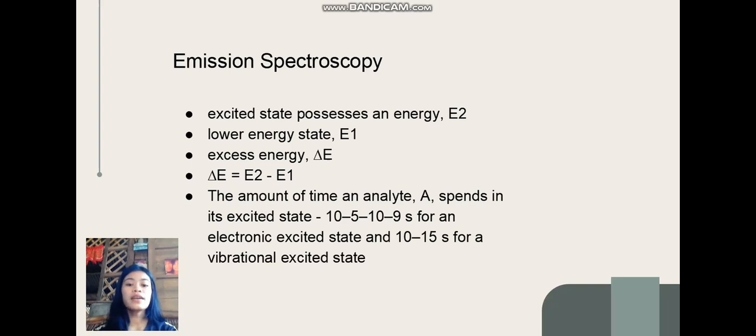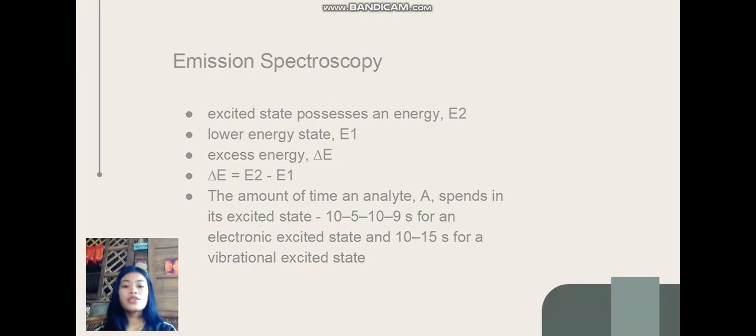The amount of time an analyte, denoted by A, spends in its excited state is only 10 to the power of negative 5 to 10 to the power of negative 9 seconds for an electronic excited state. But for a vibrational excited state, its lifetime is only 10 to the power of negative 15 seconds.